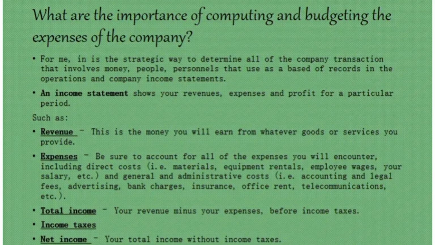Next, total income. The total income is your revenue minus your expenses before income taxes. So, if you are going to sell products, or if you have a big company, remember we need to pay different kinds of taxes, or what we call income taxes.